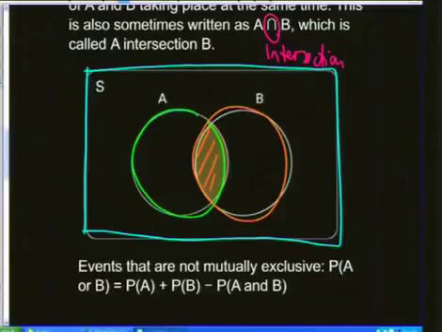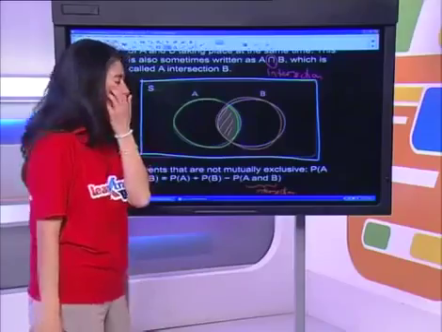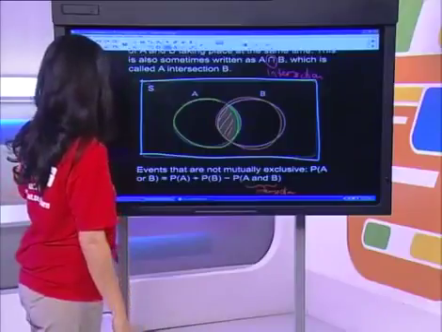If they're not mutually exclusive, then I will show you in a moment an example that shows this very nicely, but the probability of either A or B happening will be the probability of A plus the probability of B, but then we'll have to subtract the probability of, remember, this is the intersection. And why is that? Okay, we're going to do some work with a pack of cards, and we'll show you in a moment how that really works.